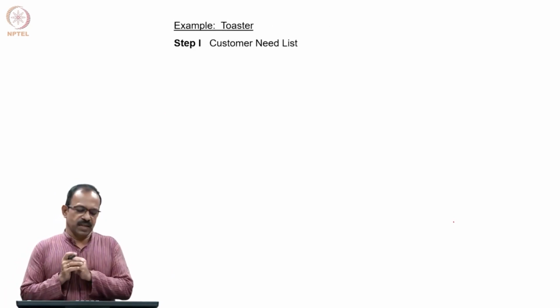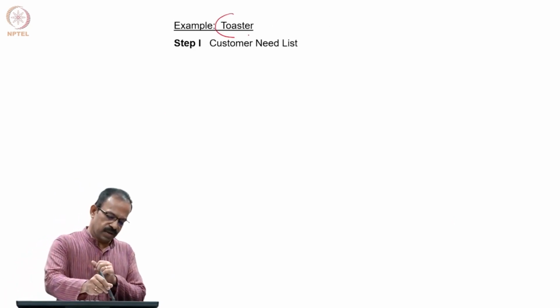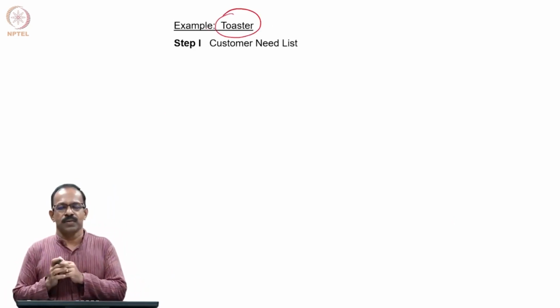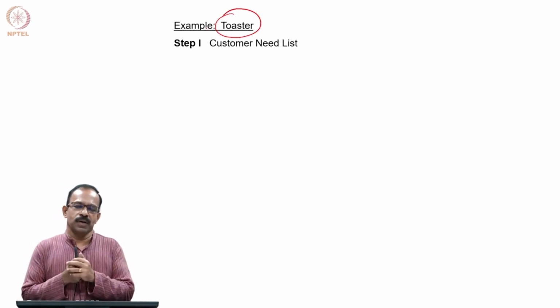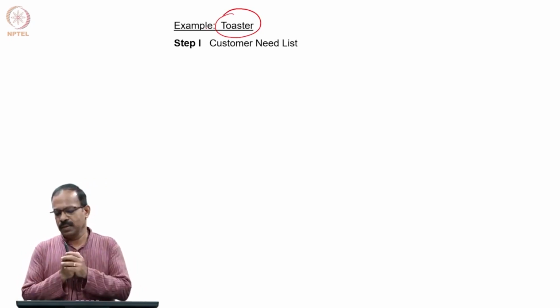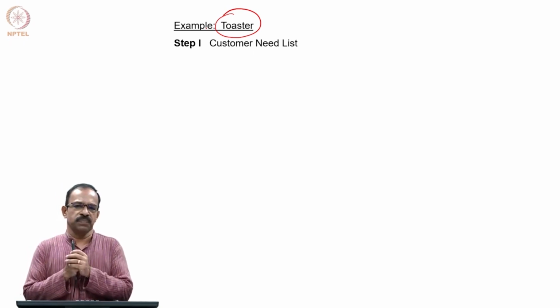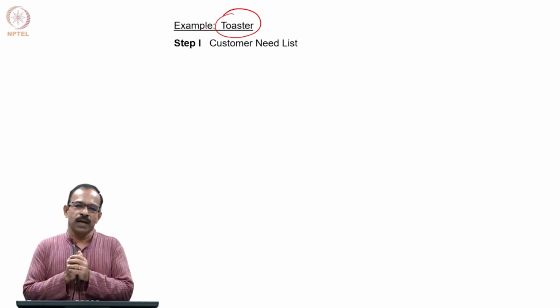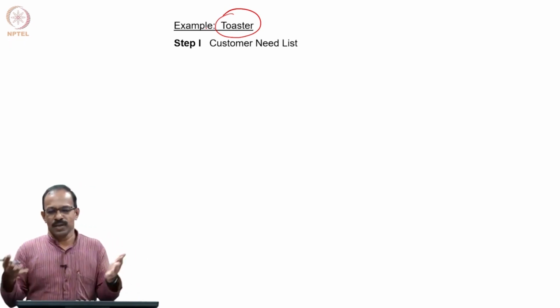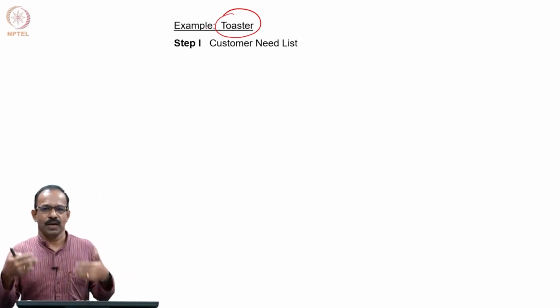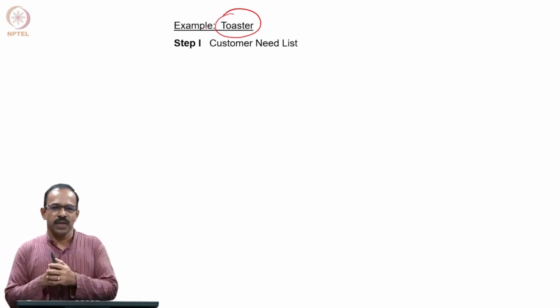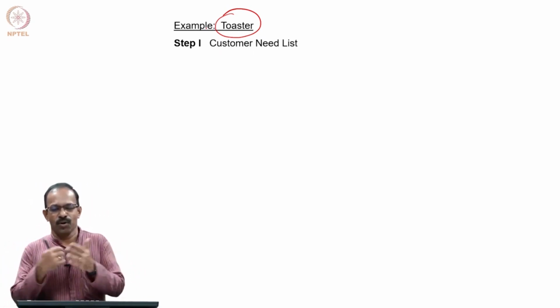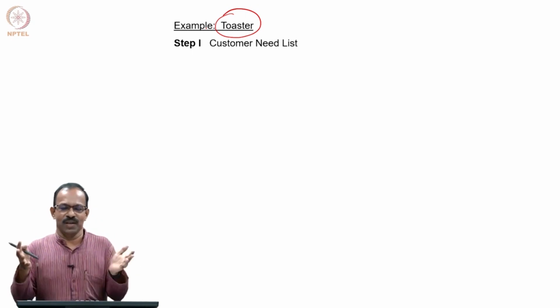So, we will take the example of a very simple toaster to toast bread, a product with a lot of use. People will be buying a toaster for making breakfast most of the time. Suppose after completing your course, you go for a job, and you are staying alone or with your friends in an apartment.